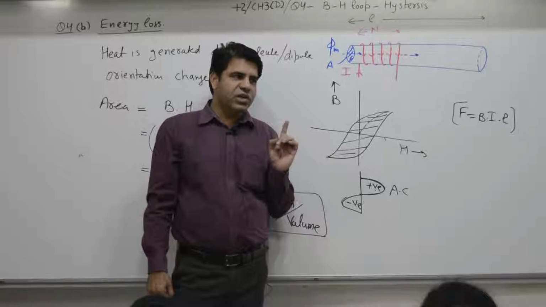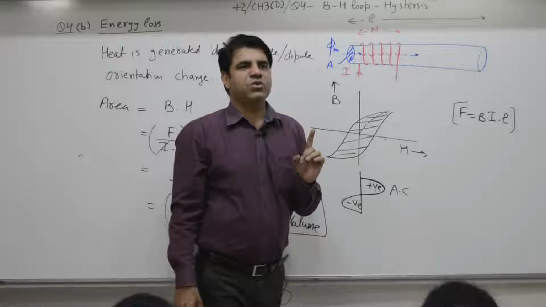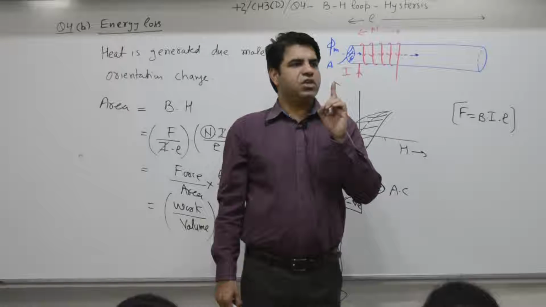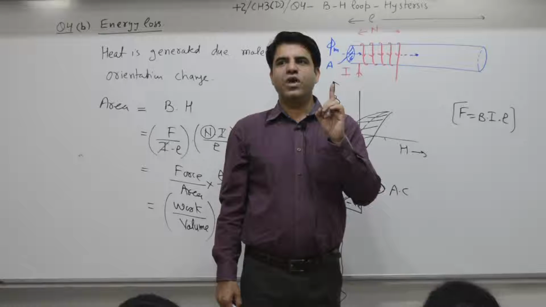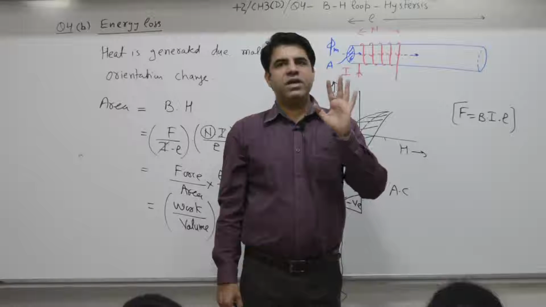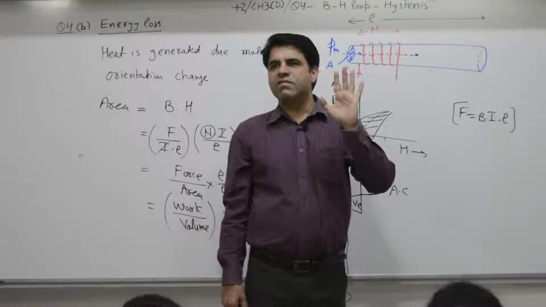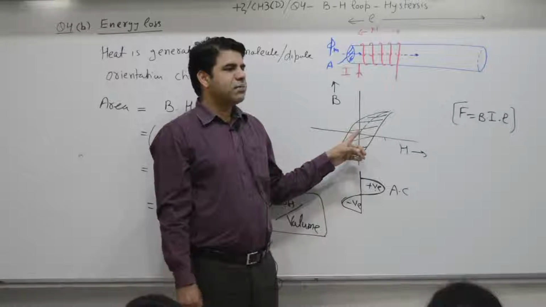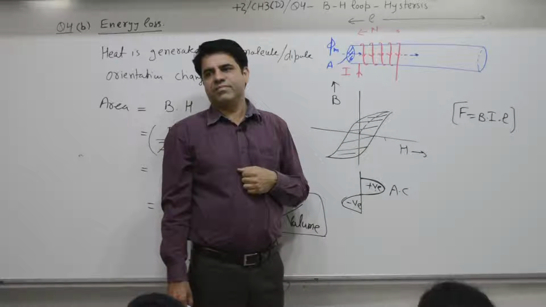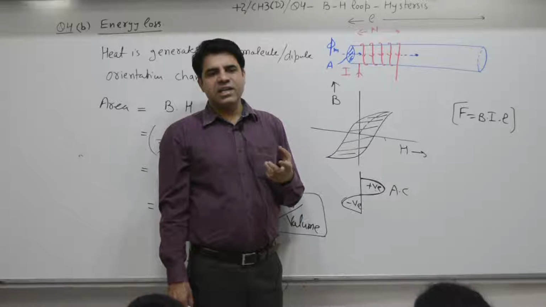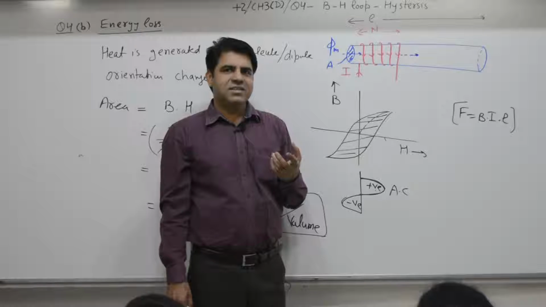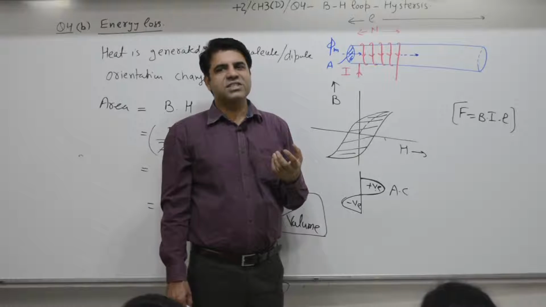So that means the materials that will have high value of BH loop area, losses will be more. One disadvantage. Loss of energy means more electricity bill. That is why a 5-star air conditioner will use a ferromagnetic material for which the area is less. So that losses are less. Your electricity bill is less. But these materials are expensive.